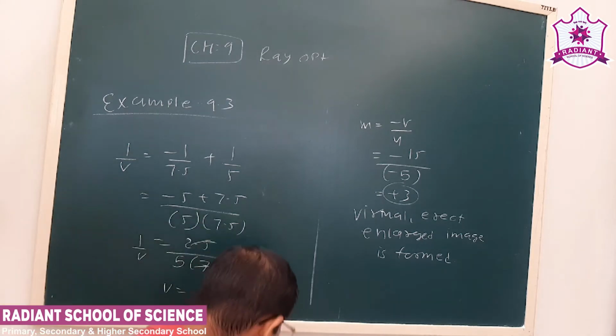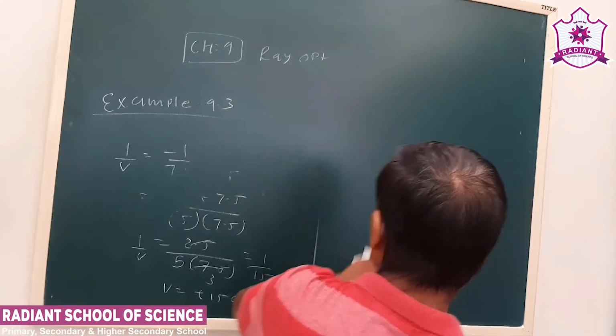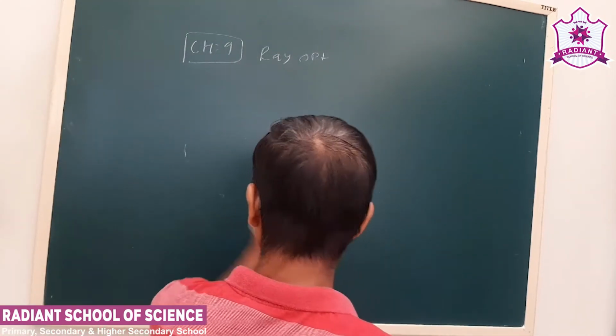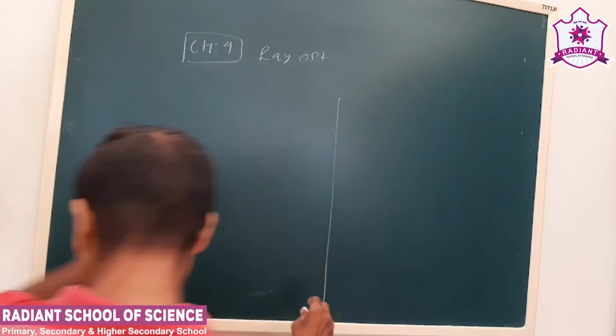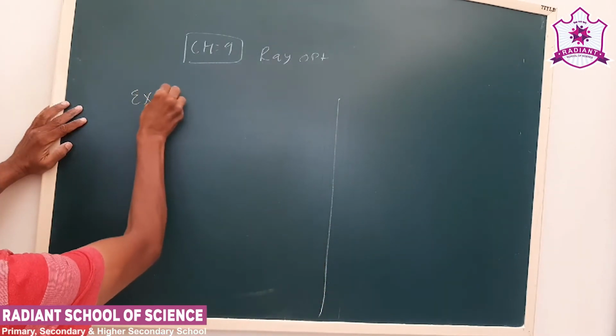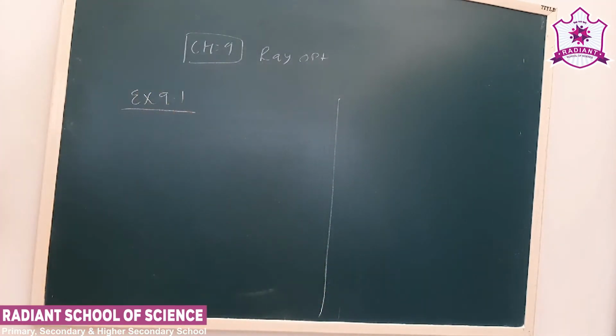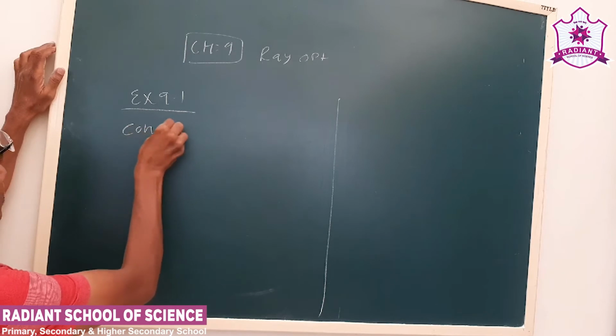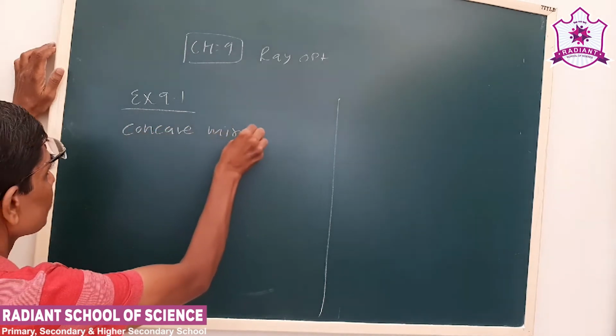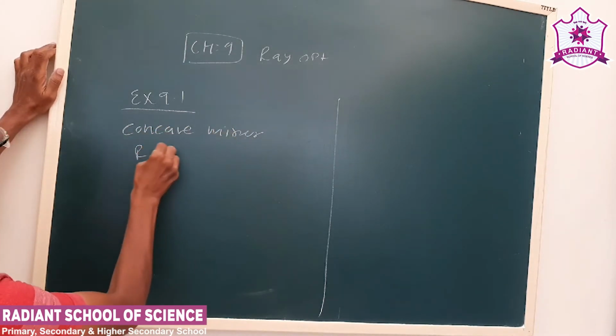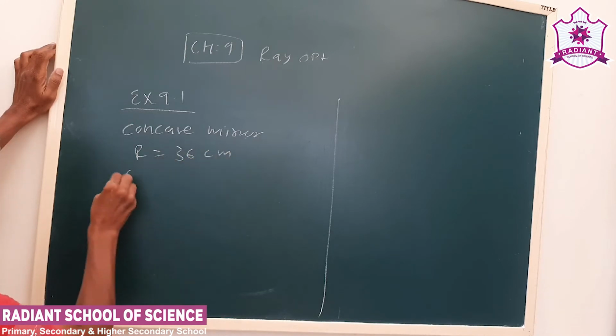Now see, next we discuss exercise sum number 9.1. Exercise number 9.1: a concave mirror of radius of curvature, so F will be R by 2.